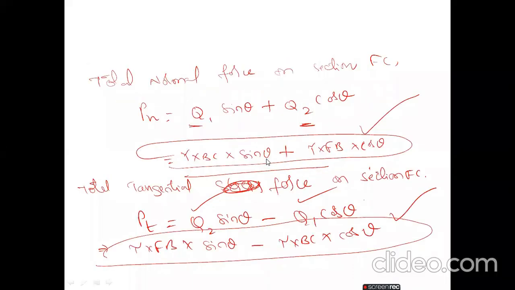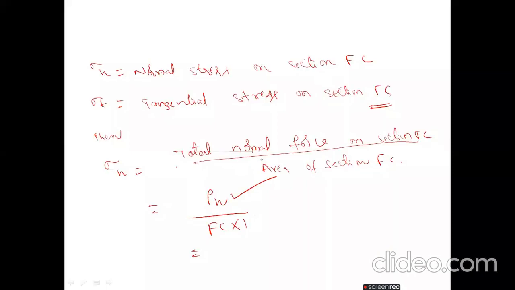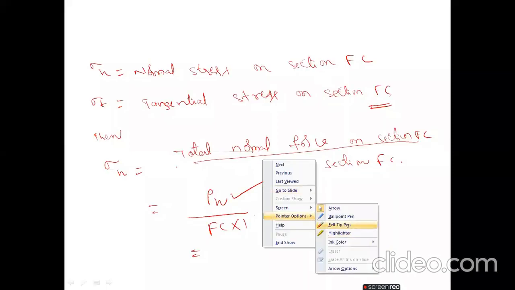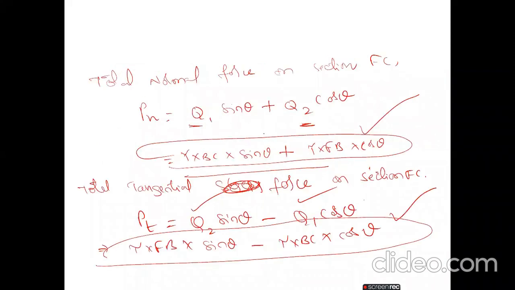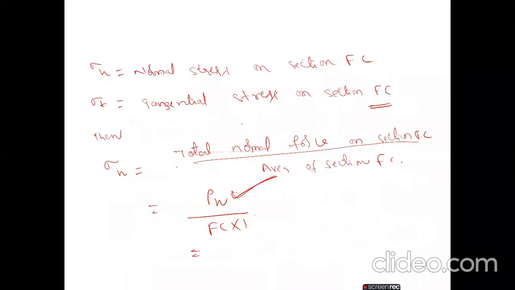Yes. Now, if you observe here, Pn is nothing but the total normal force on the section FC. We calculated Pn already, so please substitute this Pn into this formula.